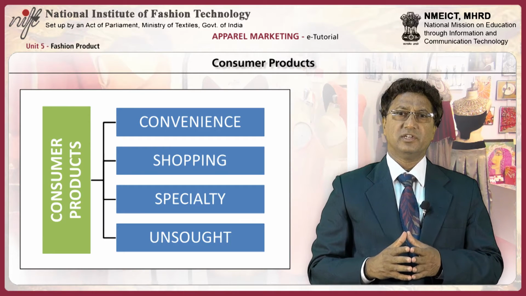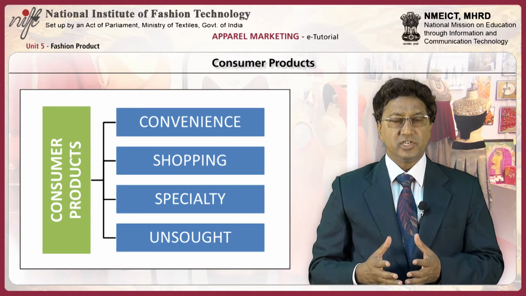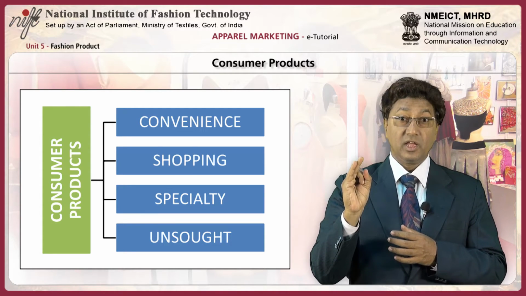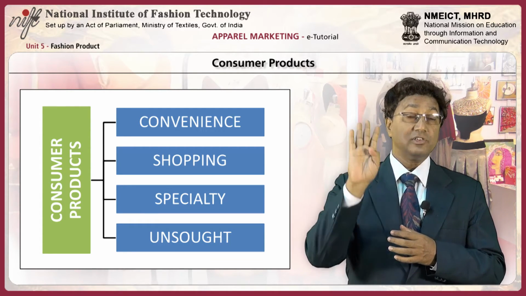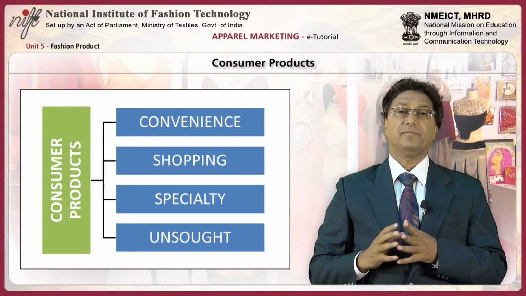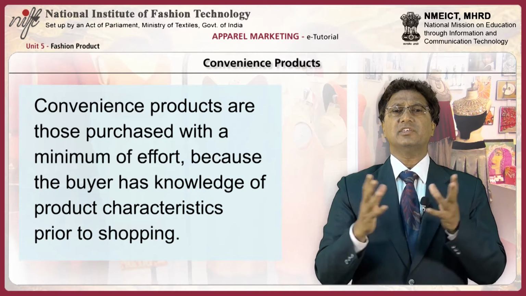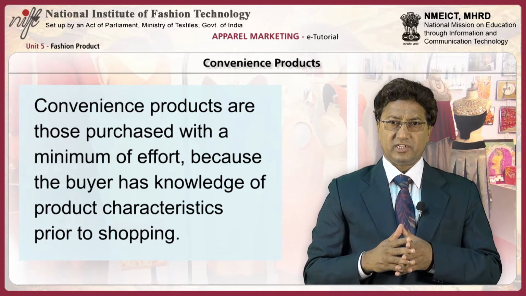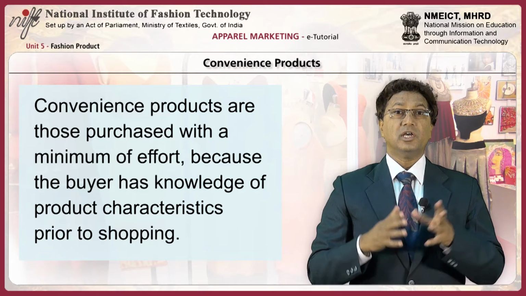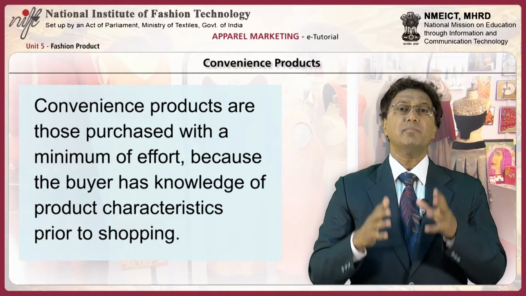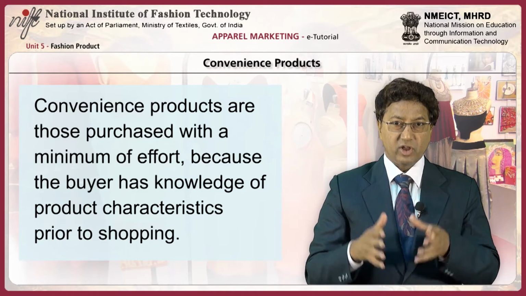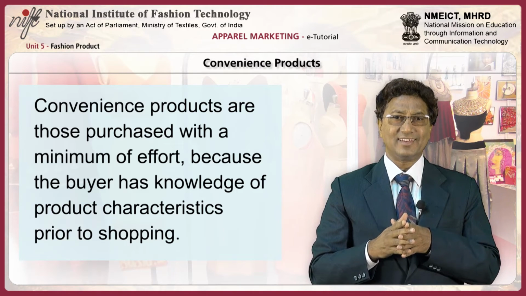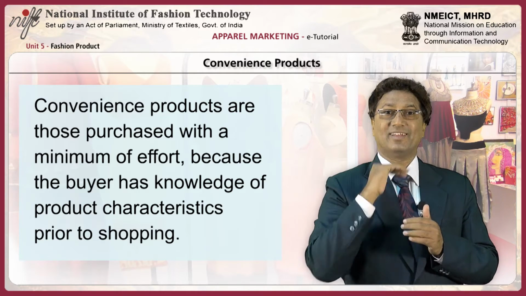Consumer products can be further distinguished as convenience, shopping, specialty and unsought goods. Now let's understand what is a convenience product. Convenience products are those purchased with a minimum of effort because the buyer has the knowledge of the product characteristics prior to shopping.